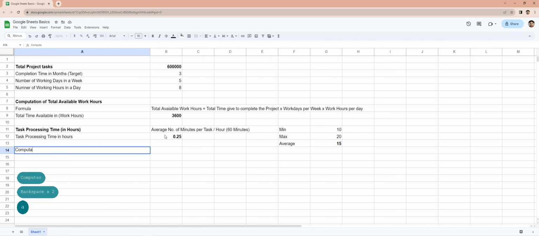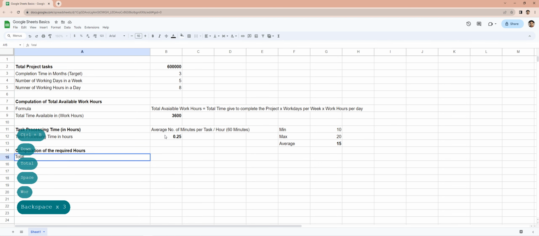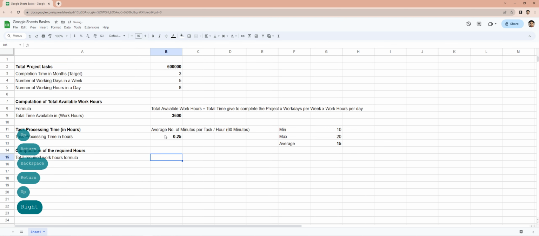So let's write the computation of the required hours. The formula to get the total required work hours will be the total number of tasks multiplied by the average time required to process the same.